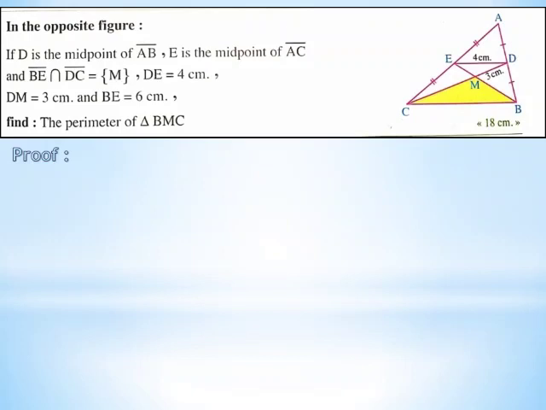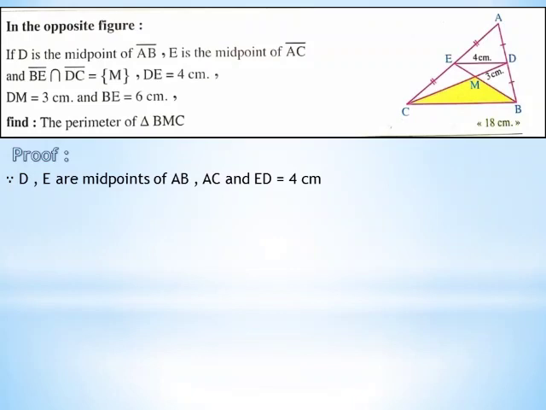First, we will put the information. D and E are two midpoints of AB and AC, and the length of ED equals 4. We said when we have two midpoints and a line joining them, the short line ED is half the length of the opposite base, BC.